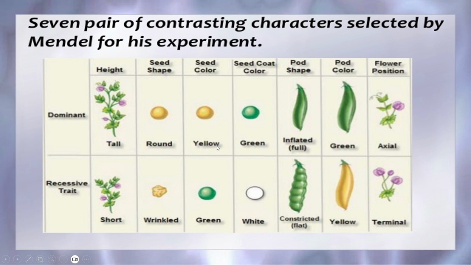So these 7 characters are the dominant characters, while recessive characters were short for tall, wrinkled for round, green for yellow, white for green, constricted for inflated, yellow for green pod color, and terminal for flower position.